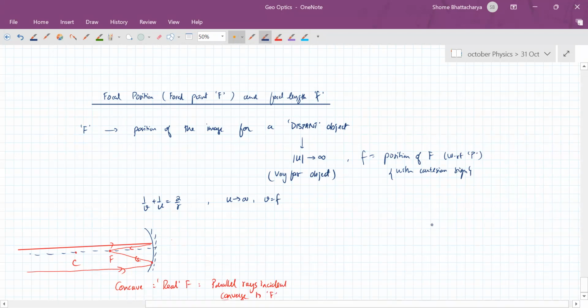Whereas when we talk about convex mirror, the center of curvature is behind the pole. So the focal point is also behind the pole. Rays which are parallel to the principal axis diverge in such a way that they appear to be coming from this virtual focal point.